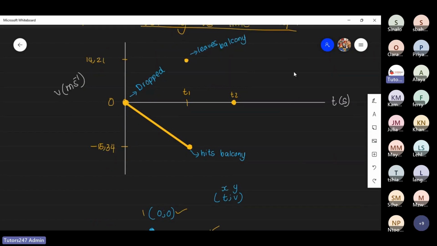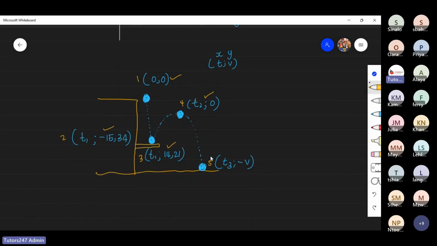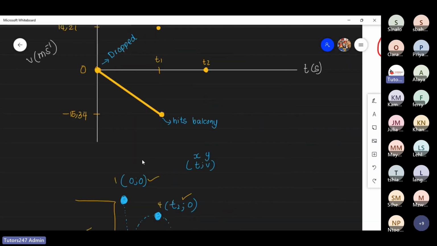Let us move on to the last and final point. So we now have point 5 when it hits the ground with some unknown velocity. Now keep in mind, because it's hitting the ground, it's moving in a downwards direction. Therefore, it's going to have a negative velocity. Now I don't know what that velocity is because I don't really want to calculate it.